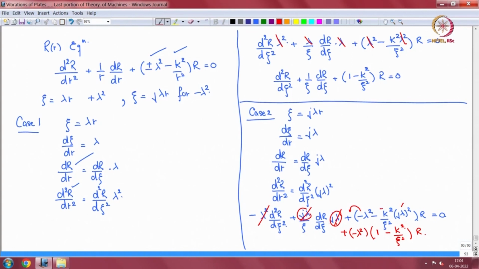So if I cancel out all the minus lambda squares, I get the same equation. So that is Bessel's equation.